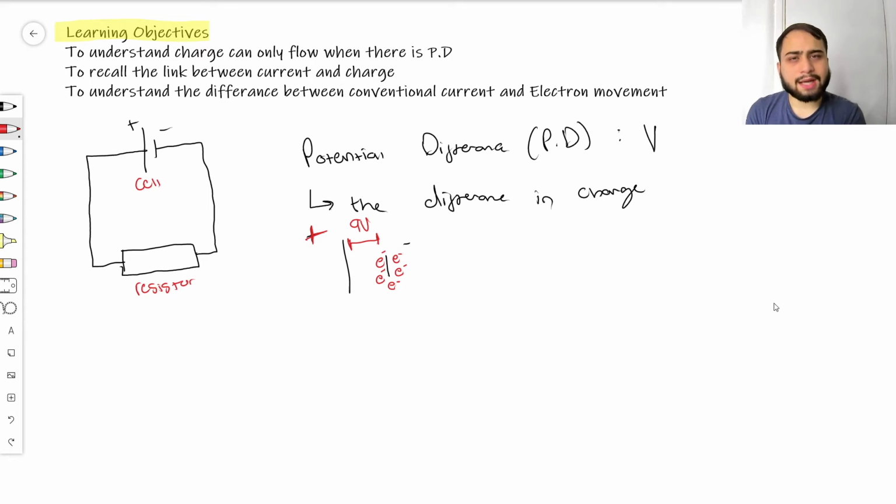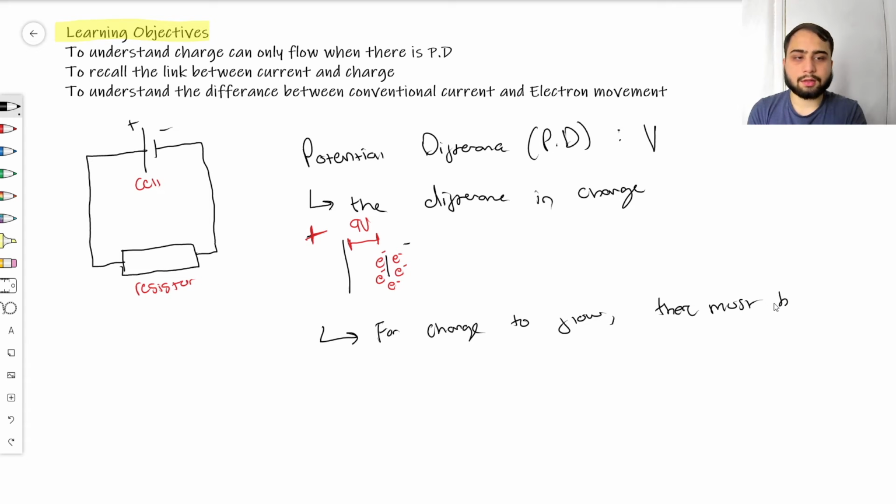Now, why is this so important? Well, for charge to flow, there must be a potential difference. Now, what sort of implications does this have? Well, this is because if we have negative electrons over here, we know that opposite charges attract.